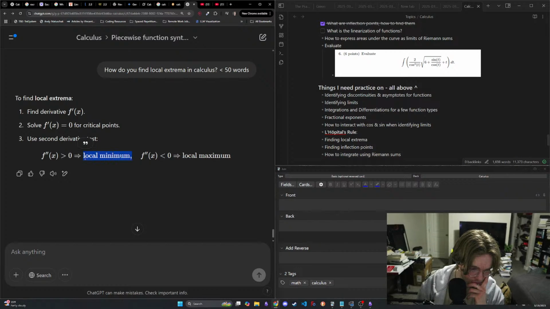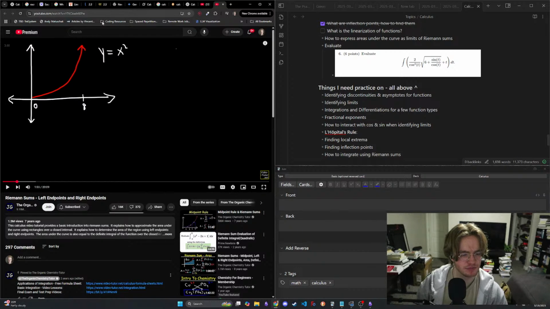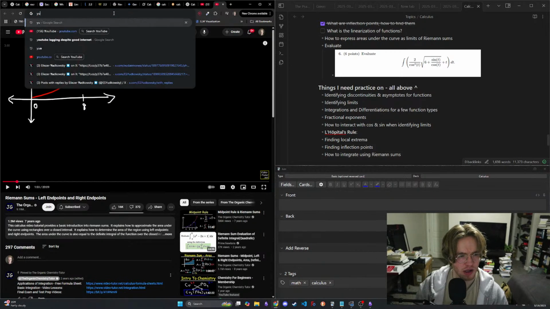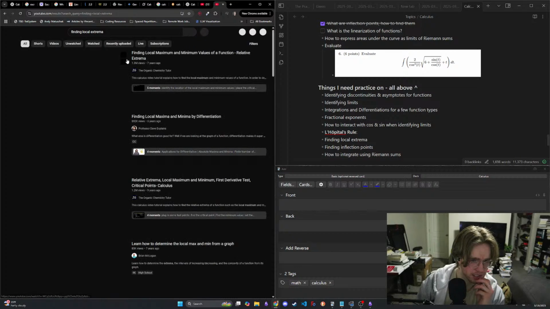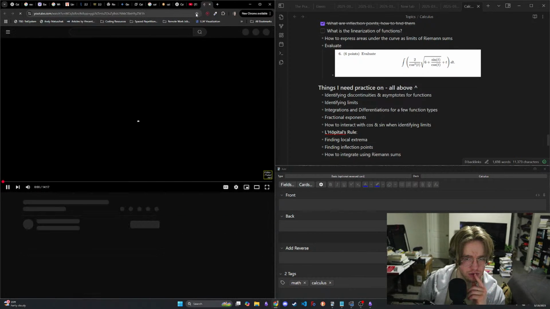Local minimum. So I think these would be swapped, right? If the result of this is less than 0, that means the rate of change for my slope is negative. I don't understand that. We'll look at local extrema.